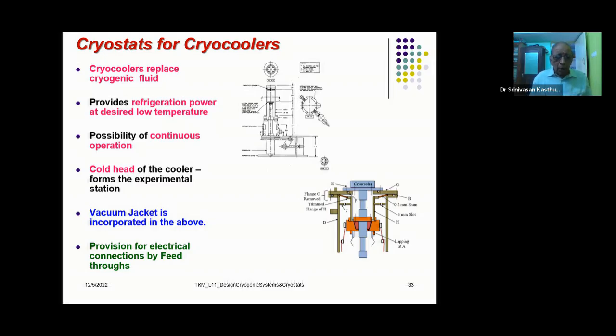If it is a single-stage cryocooler, then you provide a suitable radiation shield. If it is a two-stage cryocooler, the first stage cooling power of the cryocooler itself is chosen as the radiation shield for the second stage.